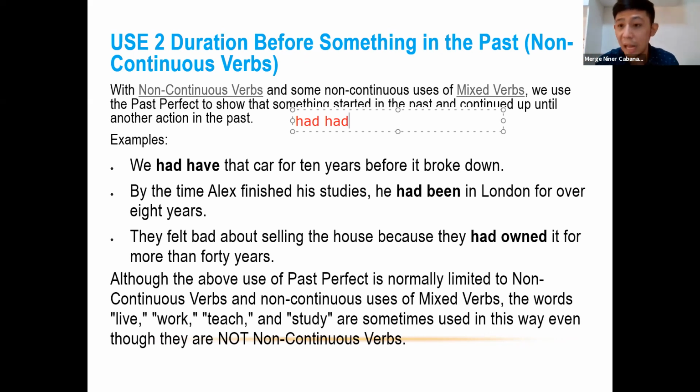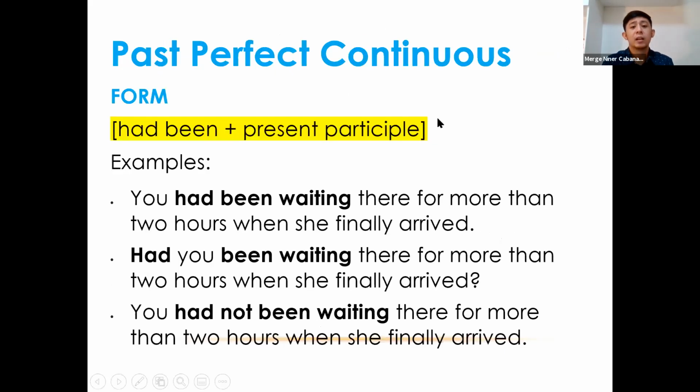So had have is accurate. Had is also correct. Okay, so if you're seeing some novels, if you're seeing some books, if you have already saw some subtitles with had and have, and then has have, and then has had, all right, that is accurate because we're following the proper tense. Okay, that is the second use, duration before something in the past.